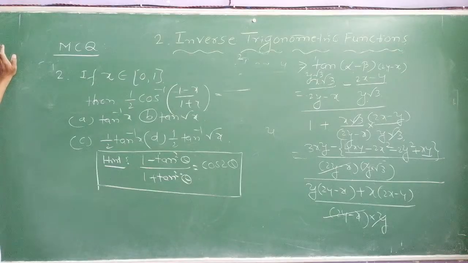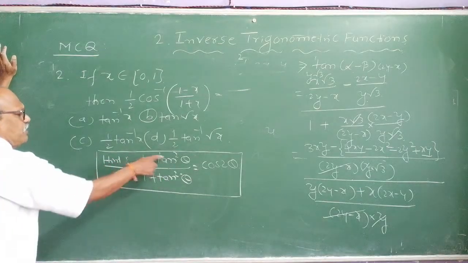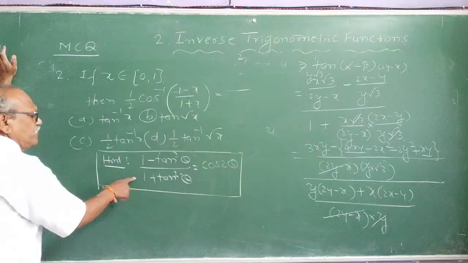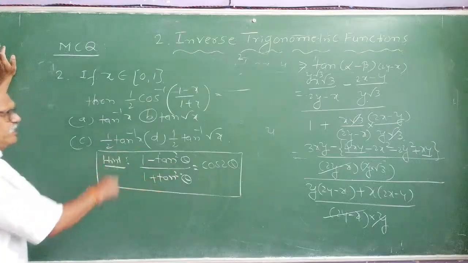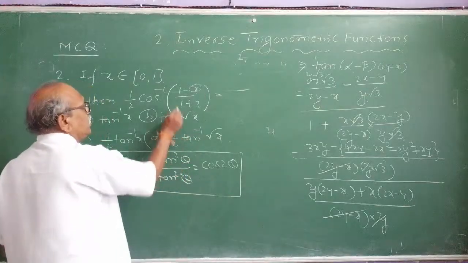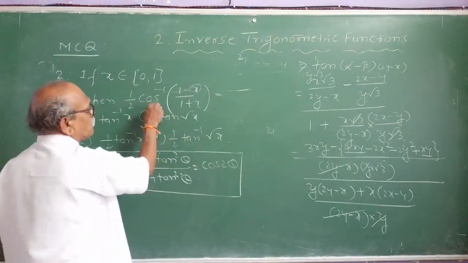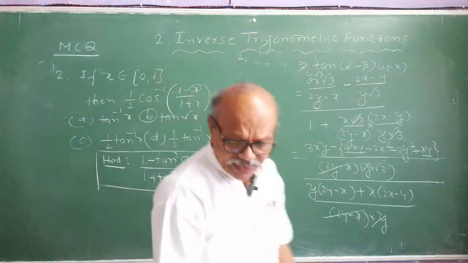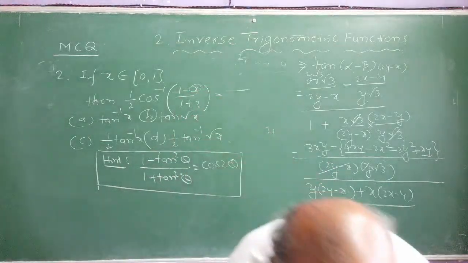You can take sin square theta upon cos square theta, and cos square theta minus sin square theta is cos 2 theta, and cos square theta plus sin square theta is 1. Means by putting x is equal to tan square theta, you can express this in terms of cos, so that you can use the identity cos inverse of cos and come out.